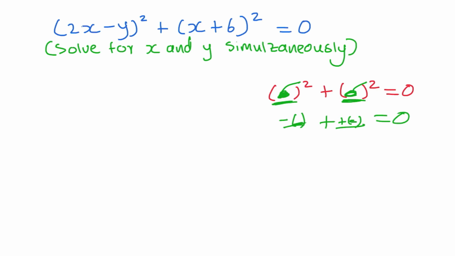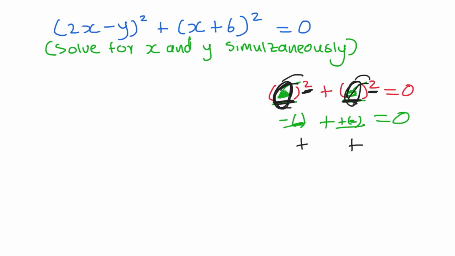But remember, whatever is inside, if it is squared, the answer will always be positive. So can we have a number in here and a number in here that will be squared and become positive, and when you add them they can give you 0? The answer to the question is nah.